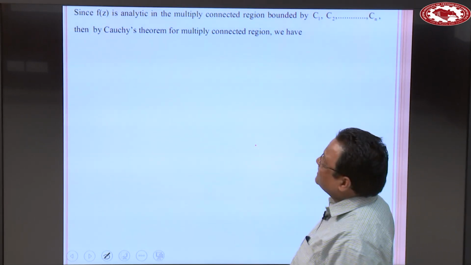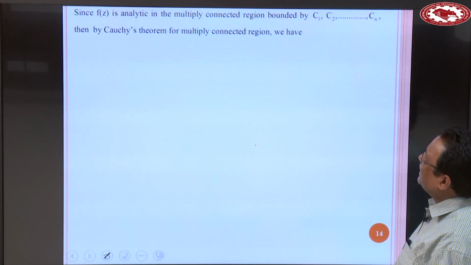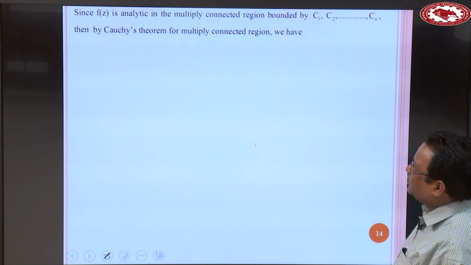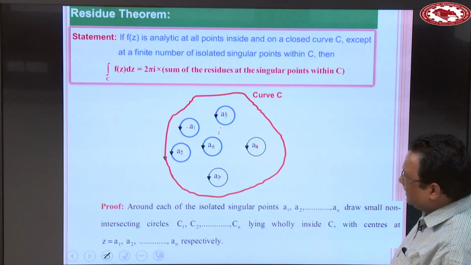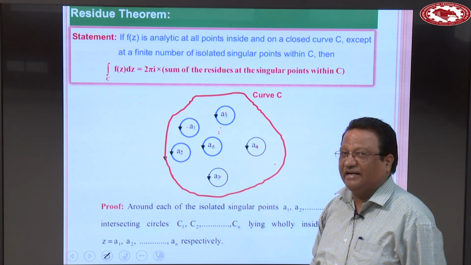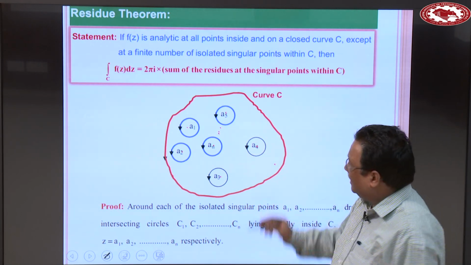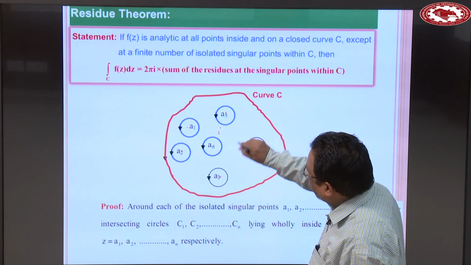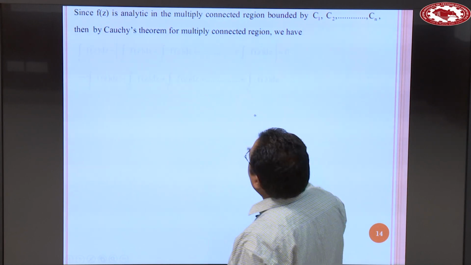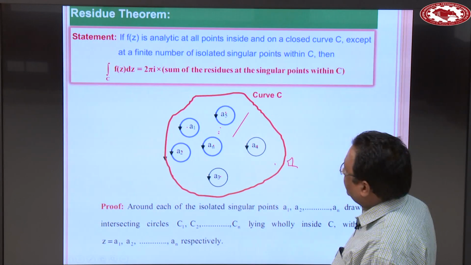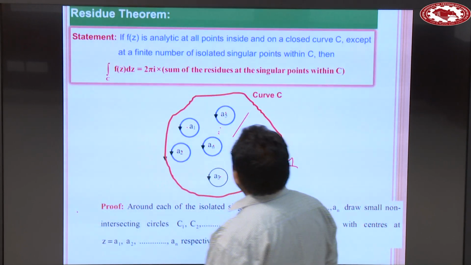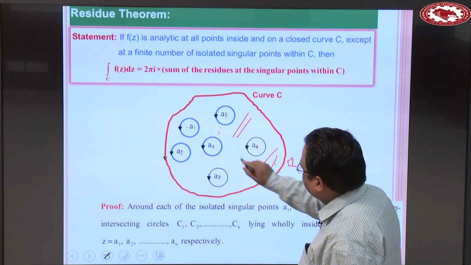So since f(z) is analytic in the multiply connected region bounded by C1, C2, Cn, then by Cauchy theorem for multiply connected region. See, inside these circles the function is not analytic because a singular point exists, but in this area, the function is analytic everywhere.